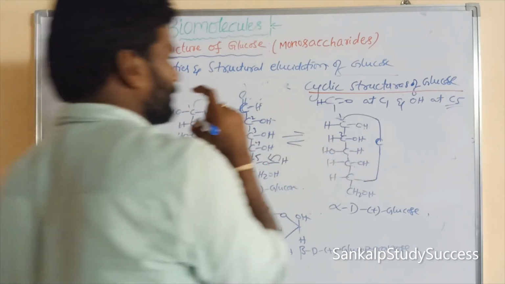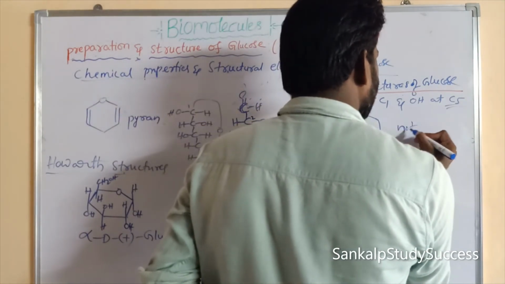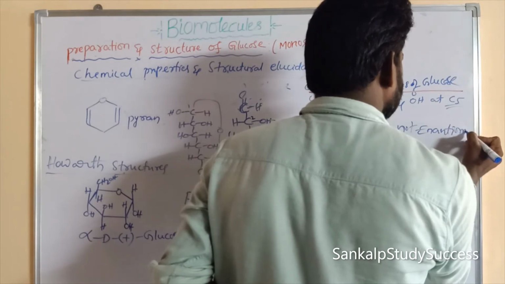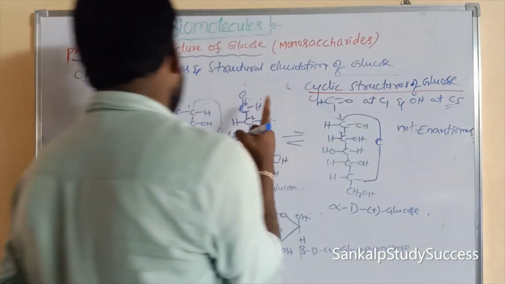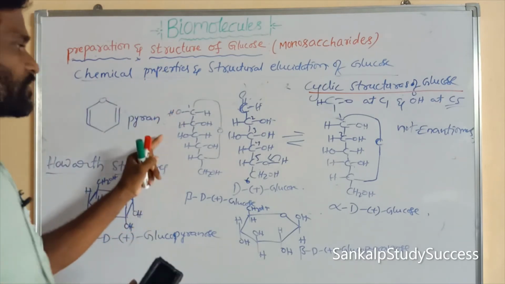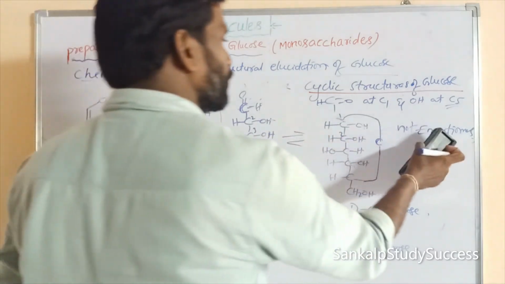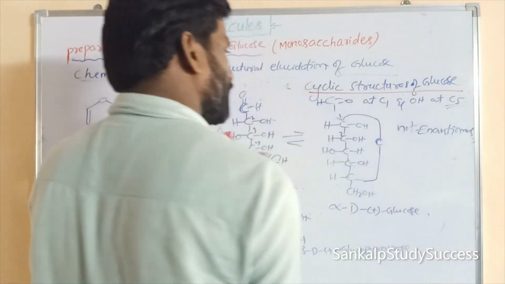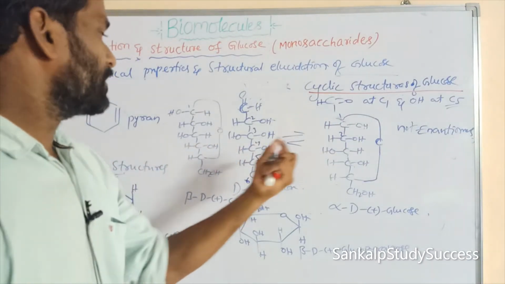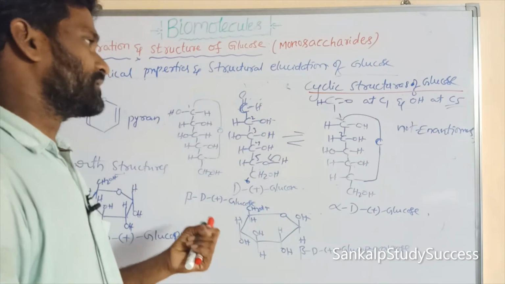So the isomers of glucose are not enantiomers, because these two are not superimposable and not mirror images of each other.